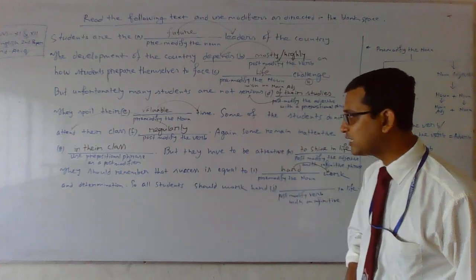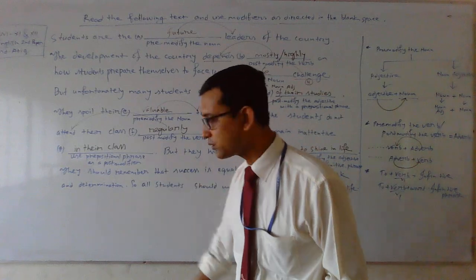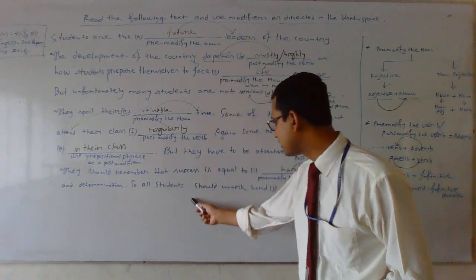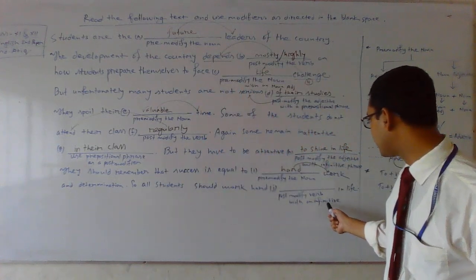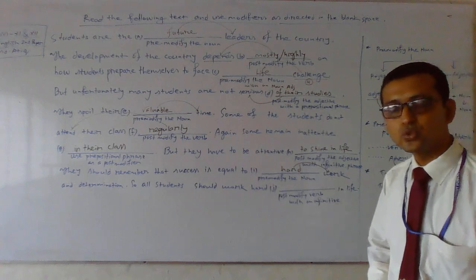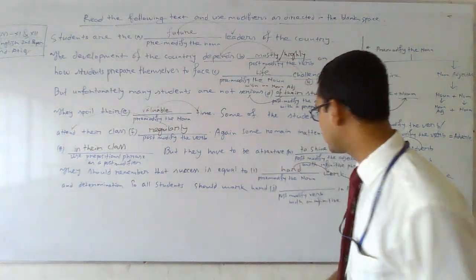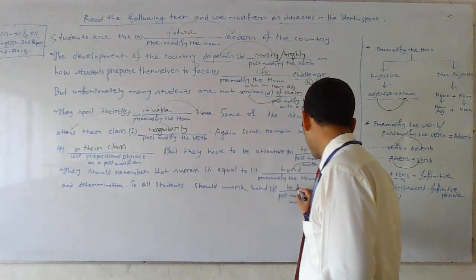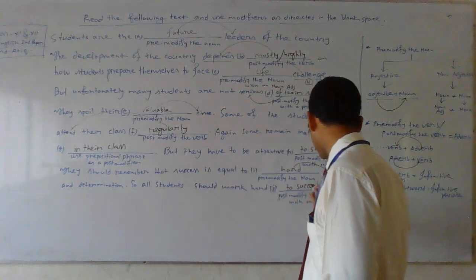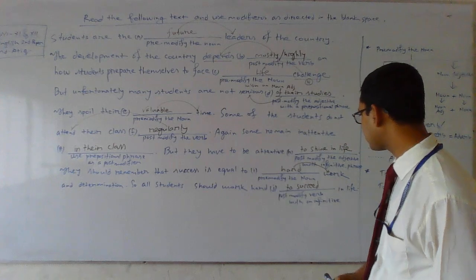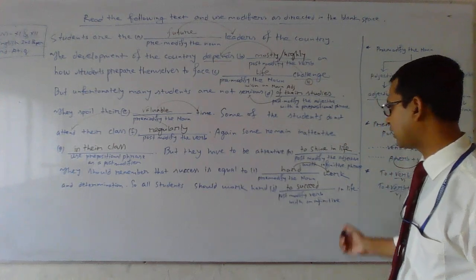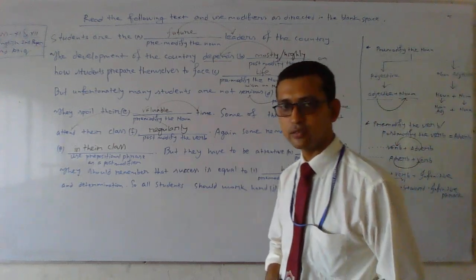Hard work and determination. And so all students should work hard. Post-modify the verb with an infinitive: to succeed. Infinitive equals to plus B1, to succeed. To succeed in life. I think this is clear.